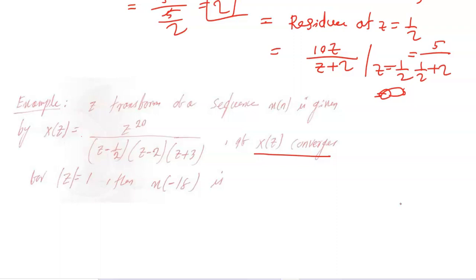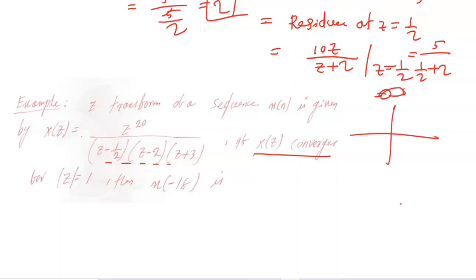If X(z) converges, it means there is an ROC existing. Otherwise X(z) itself does not exist.